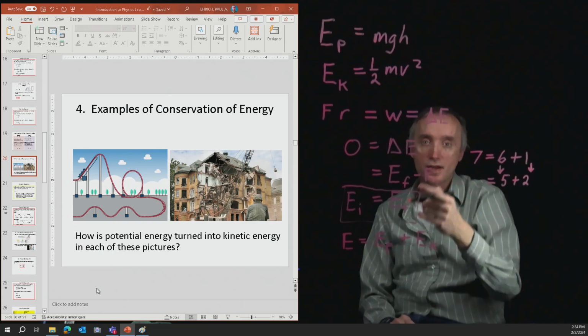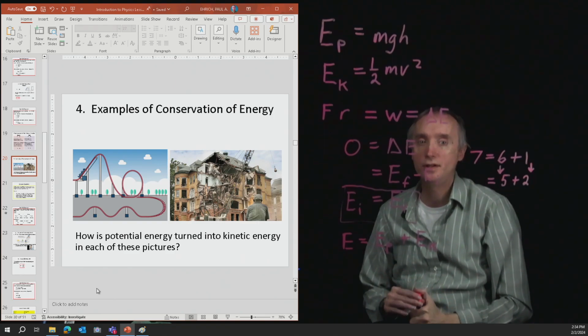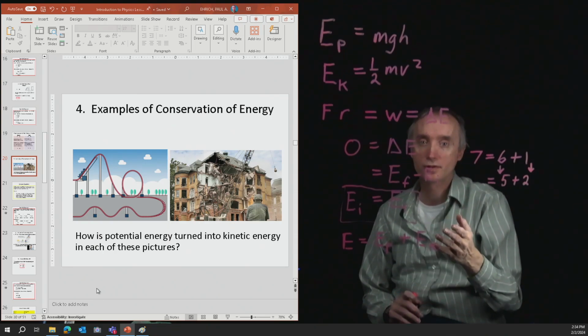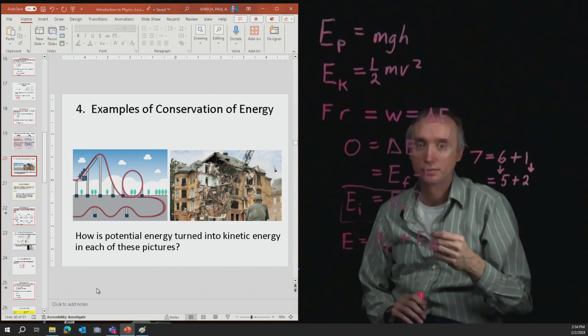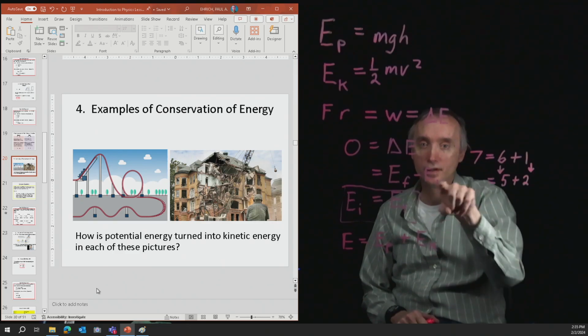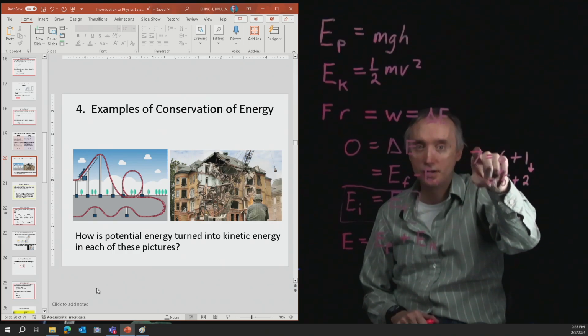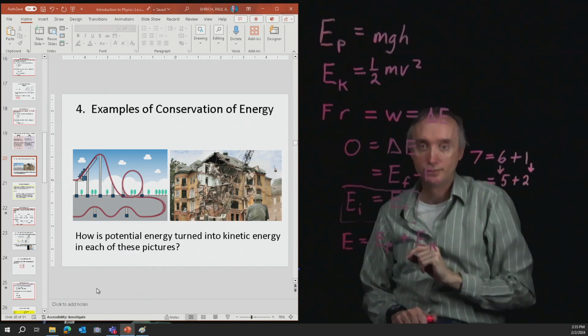So here's an example. How is potential energy turned into kinetic energy in each of these pictures? So the first picture is of a roller coaster. So the roller coaster is going to be pulled up to the very top of the first hill with an engine.